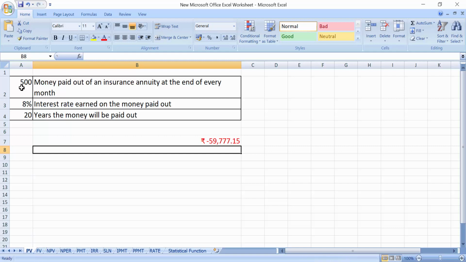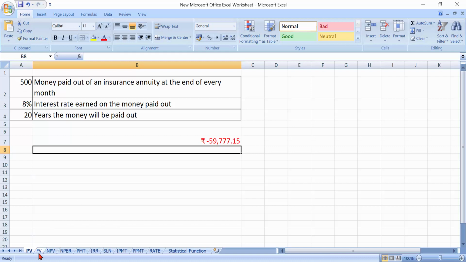Why? Because the present value of the annuity is 59,000, which is less than what you are asked to pay.